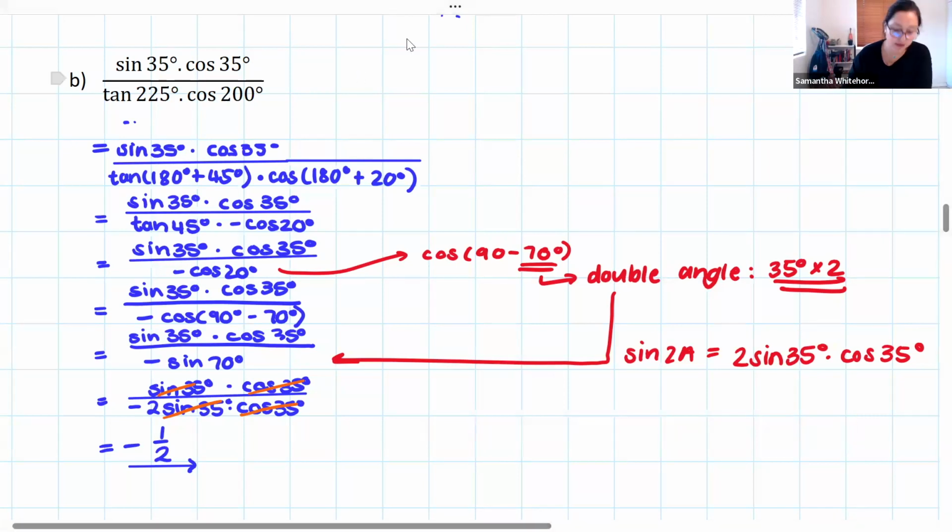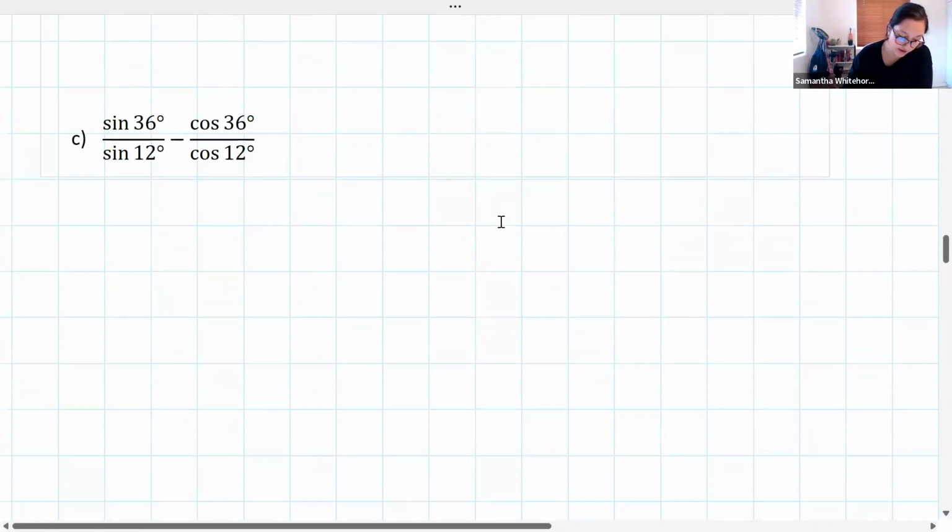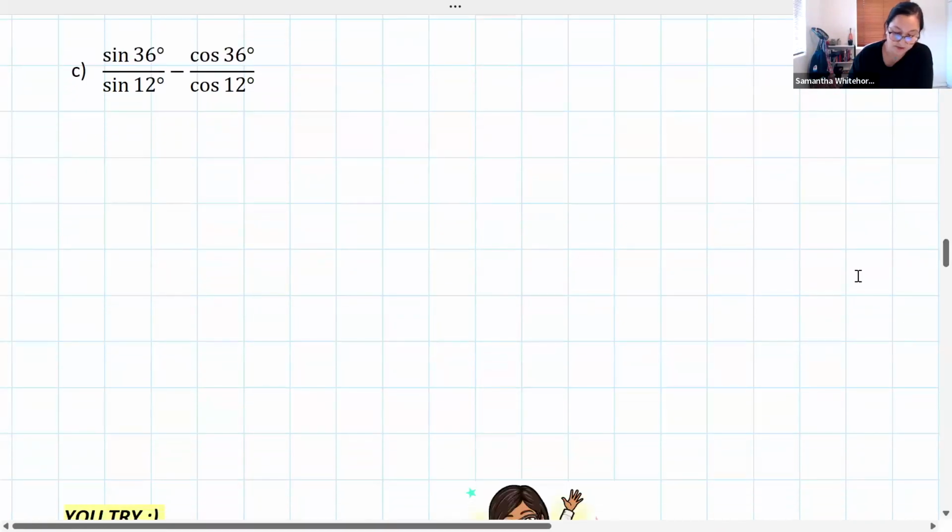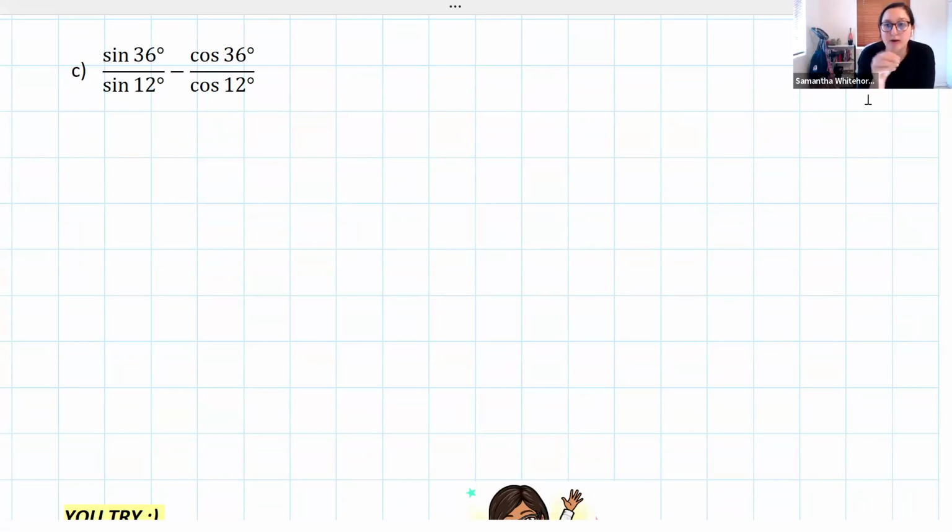Right, so if we have a look at example 3, still a fraction, but we now have a situation where we are subtracting fractions. So guys, my question to you is, if you think back to our grade 8 and grade 9, what do we always need to find when we are adding or subtracting fractions? You can just pop it in the chat if you want. What do you have to find if you're going to add or subtract fractions?